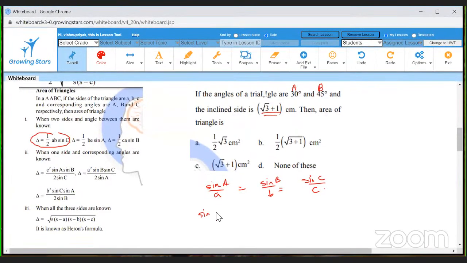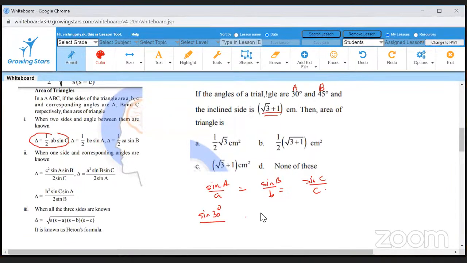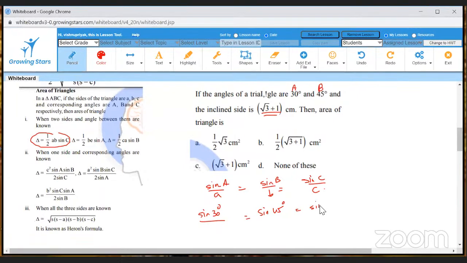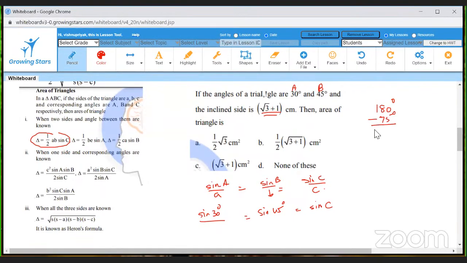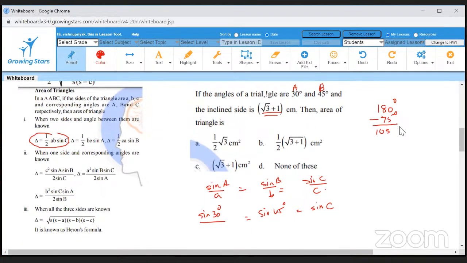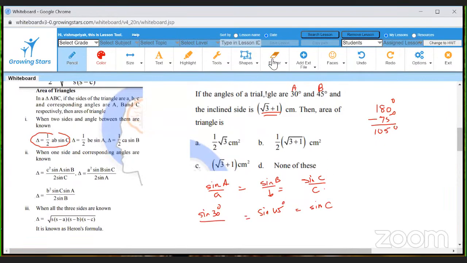Because we know A is 30 degrees, we know B is 45 degrees, and we know C is something like c. You can find C, because from 180 degrees you have to subtract 75 degrees. Then you will have 105 degrees. So C is 105.